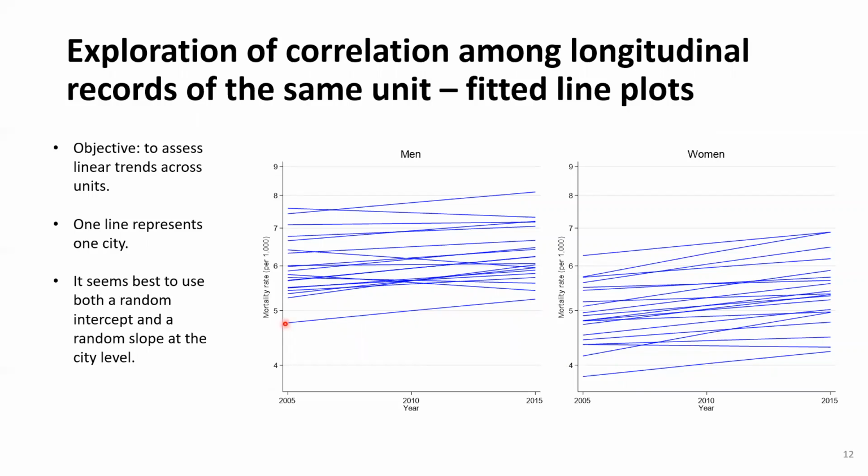Also, the baseline level of mortality differs. So this implies that it makes sense to use both random slope and random intercept. Random slope because slopes are different, and random intercept because the initial value of mortality rate is different.